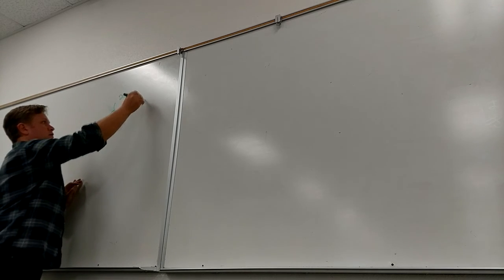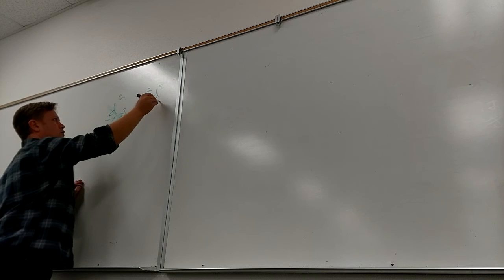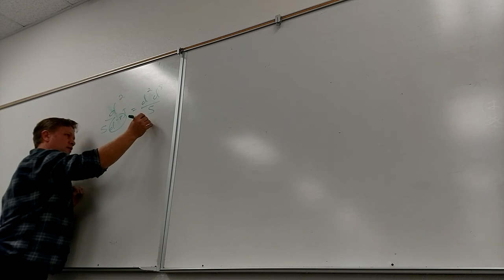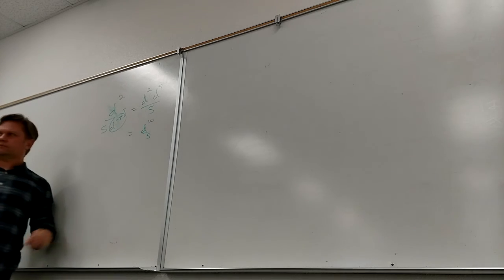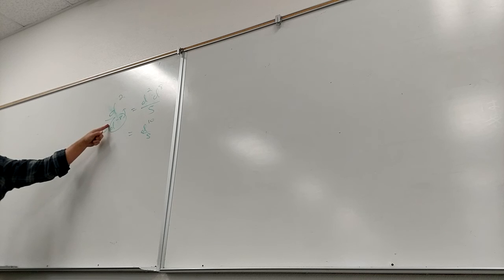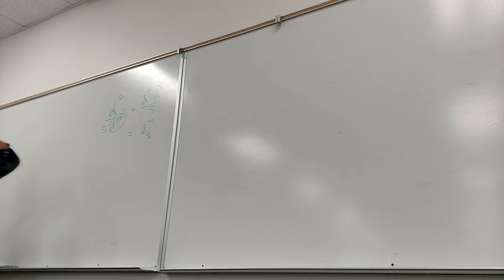So this would be d squared times d to the 8th over 5, which is d to the 10th over 5. No reason for the 5 to go up, because it's not being raised to a negative power, is it? So if I stuck a 1 on the top there, it's the same thing. That's the one that we don't have to write. We know it's there.